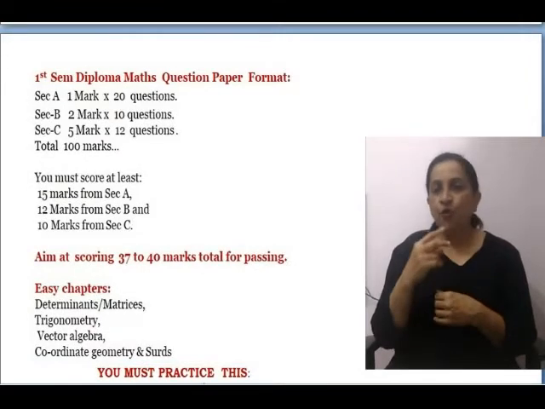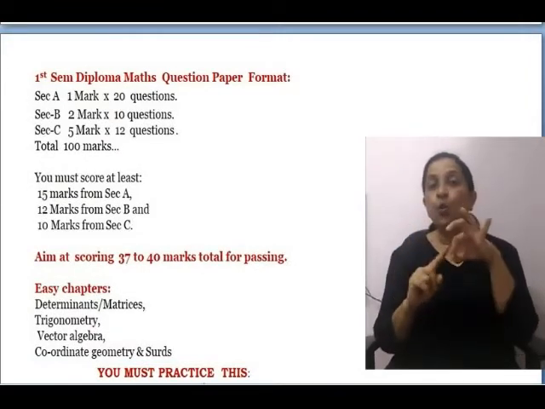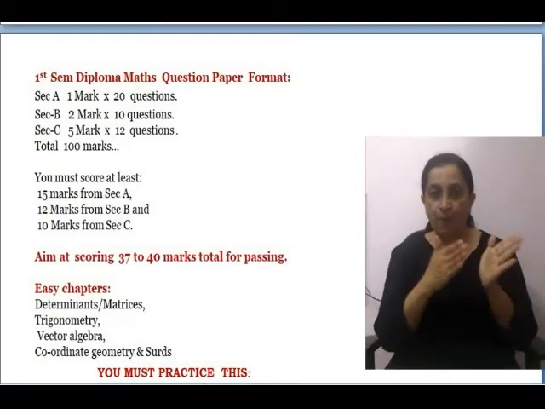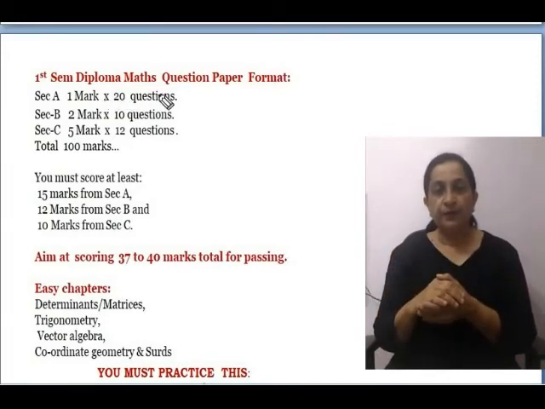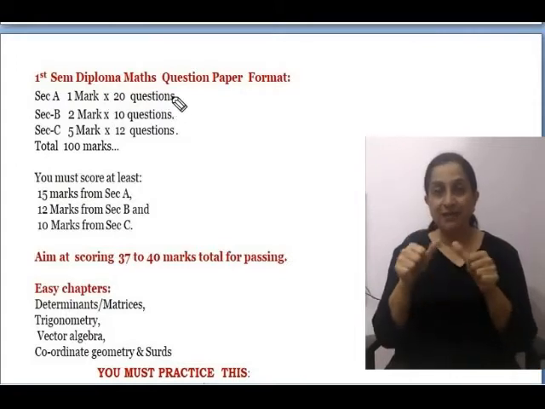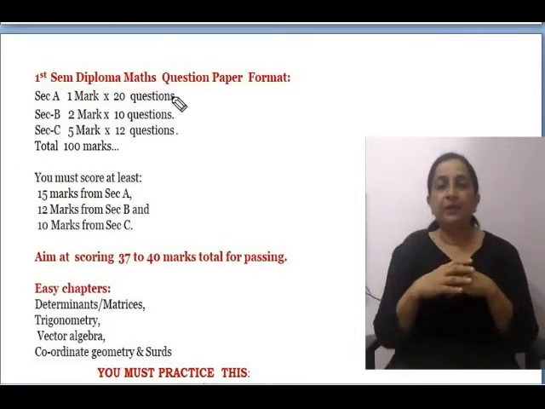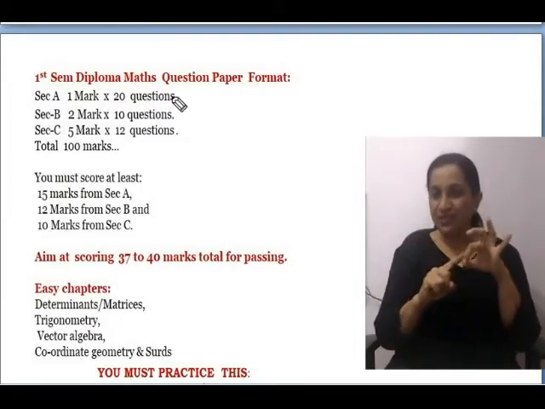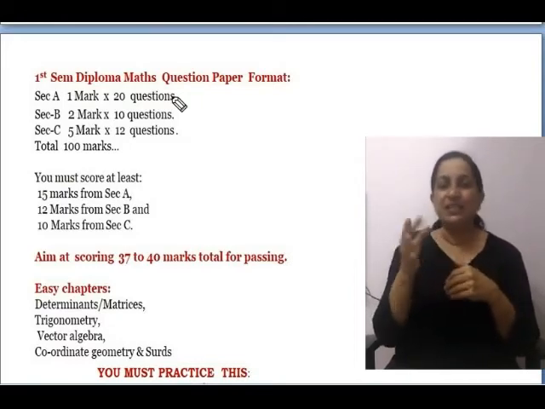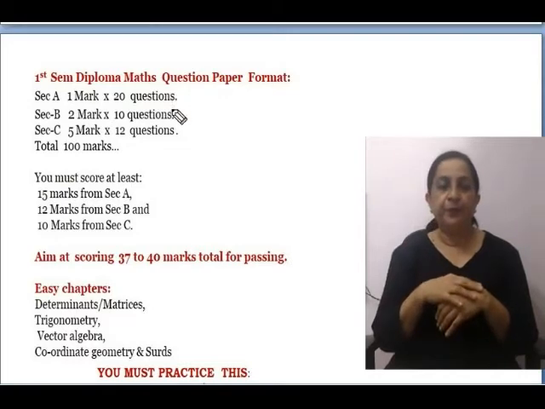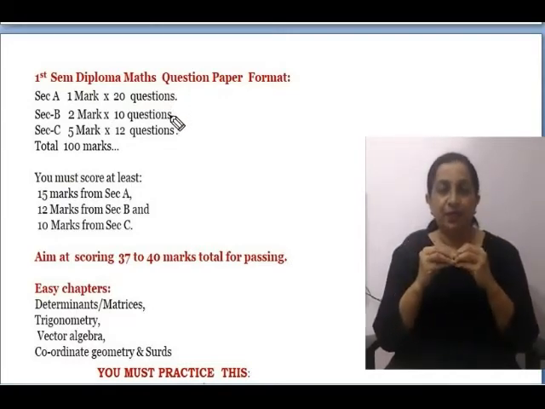Let us first look at the question paper format. It is divided into three parts: A, B, C. Objective questions are 20 1-mark questions, from which you can easily get about 15 marks. Then there will be 2-mark questions, 10 of them.